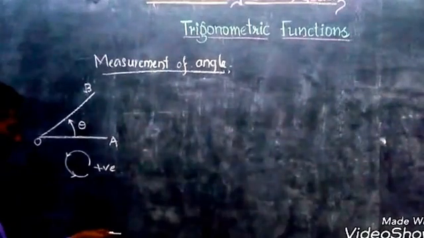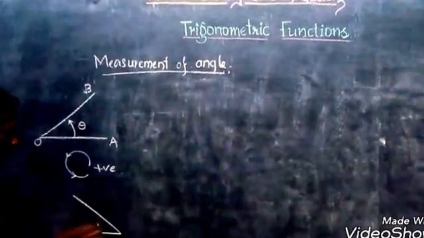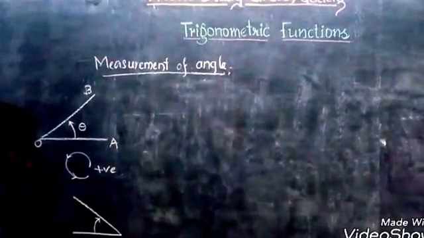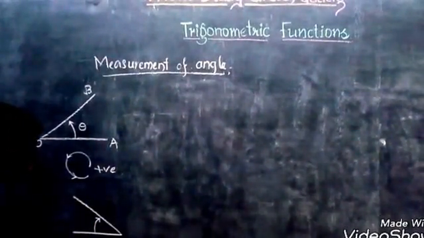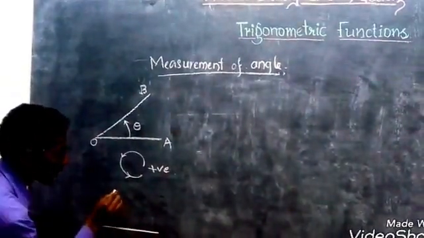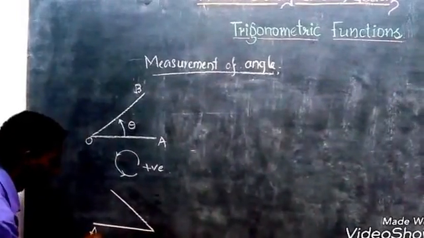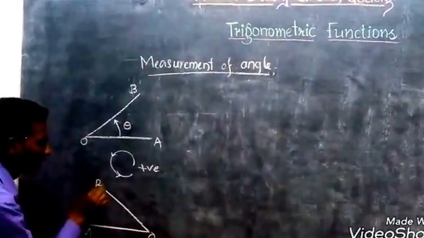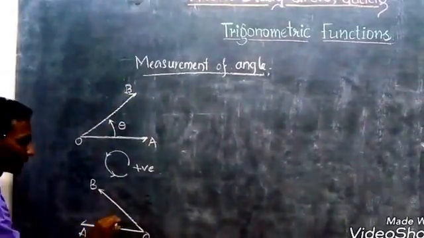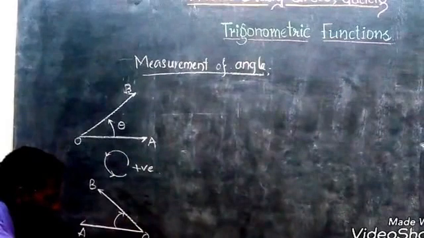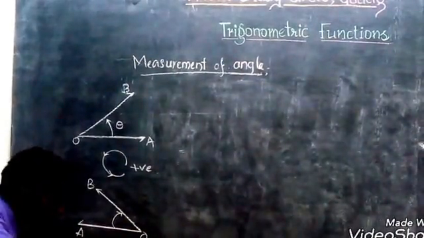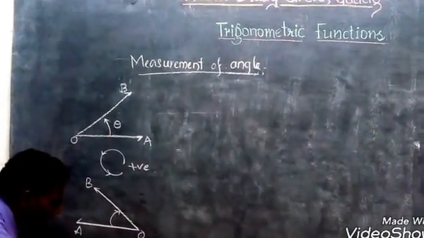The angles which are measured in the clockwise direction are usually considered as negative.